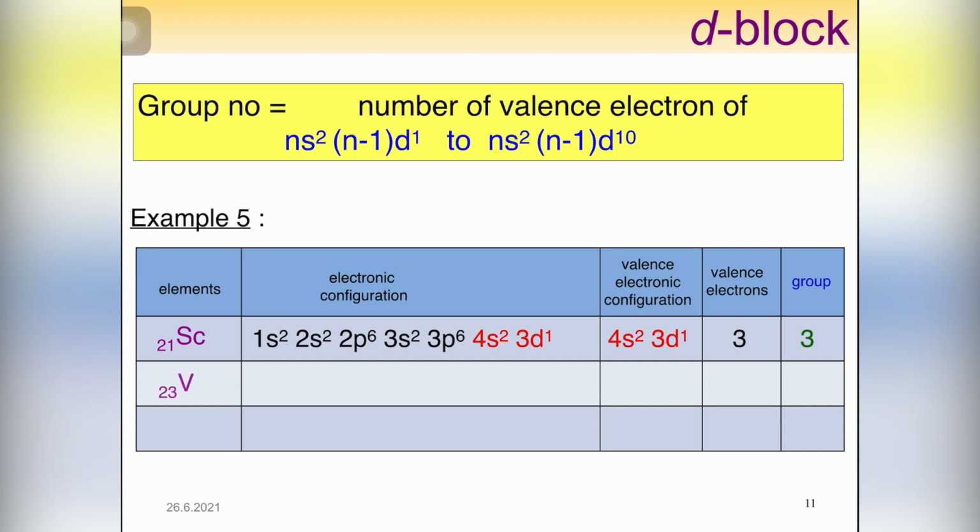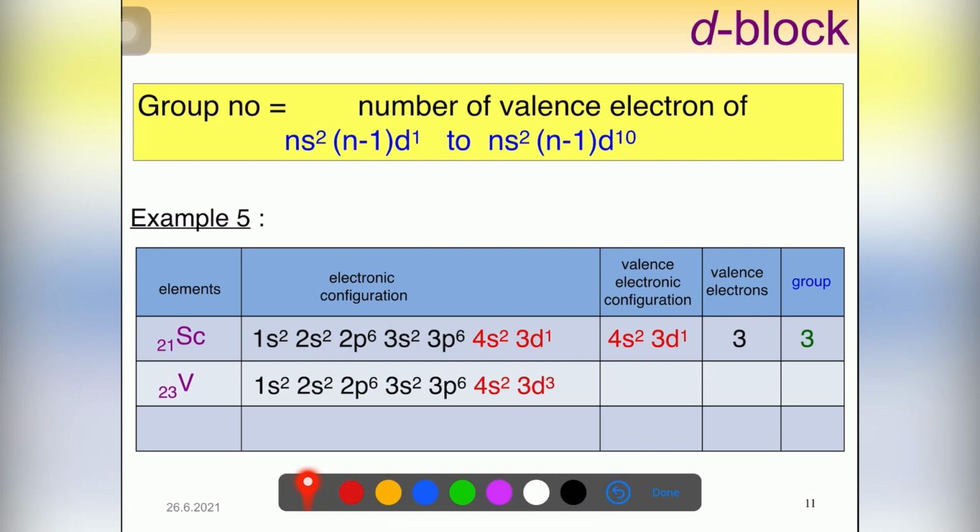Alright, let's see another example. Vanadium. This is the electronic configuration for vanadium. Highest n is 4. One more tip: you can see that the d orbital is not fully filled. It is partially filled, so the element is a transition metal.